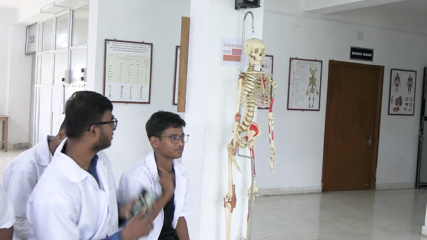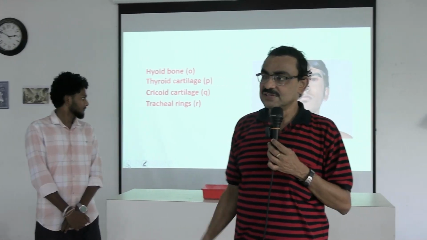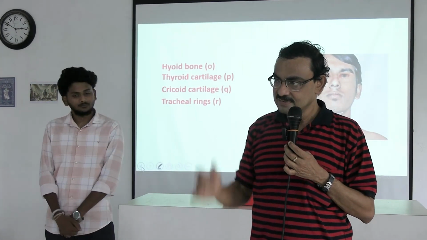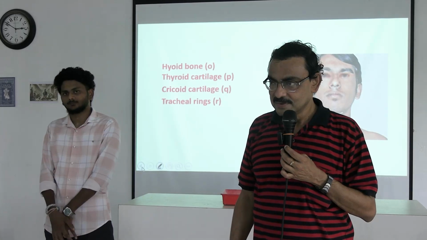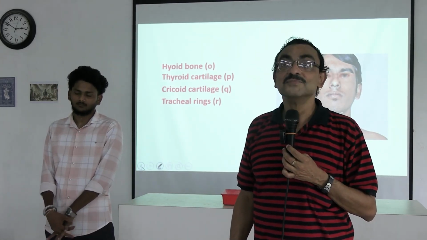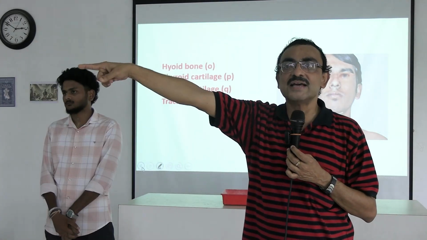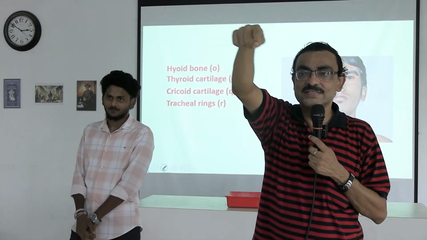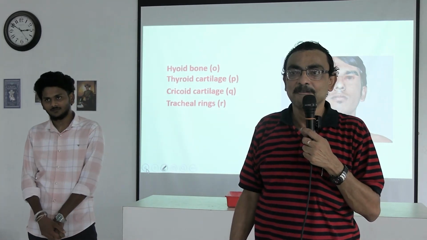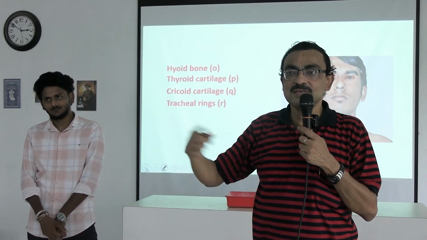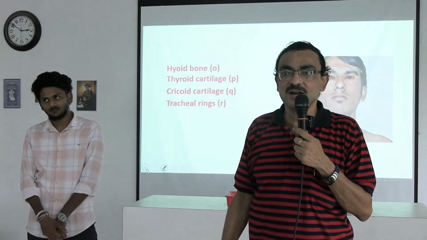What is the importance? If we can identify this vertebra, that is C7. Then the next vertebra is C8. C5, C6, C7, C8, T1.